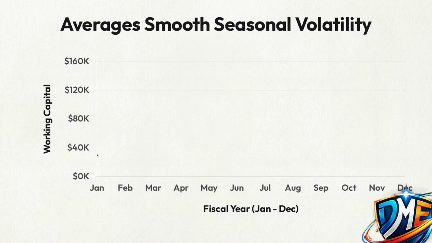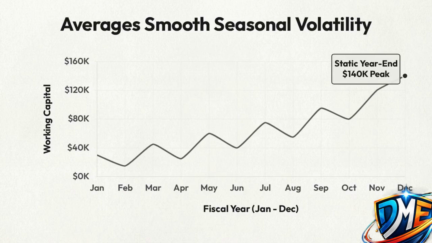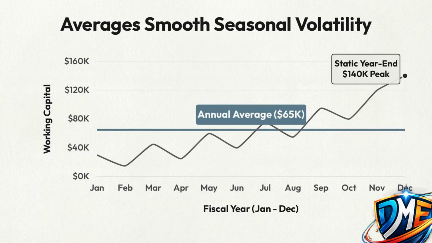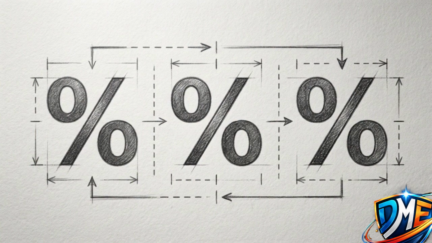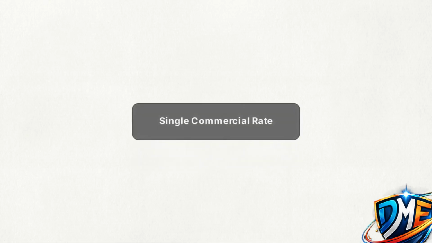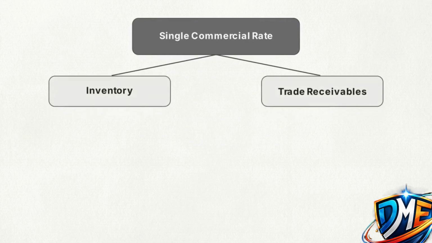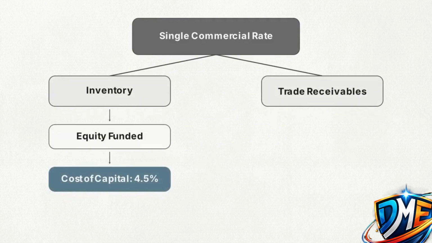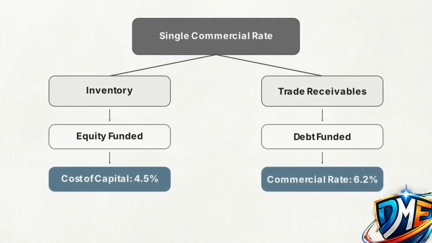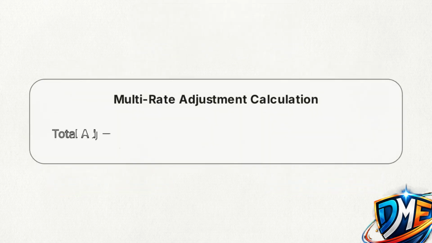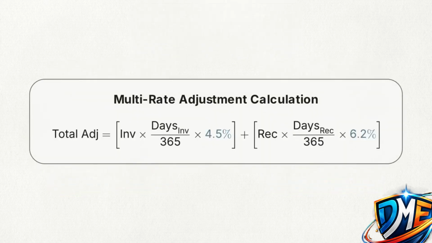In these volatile cases, an accurate calculation requires using averages taken across the entire financial year, rather than static year-end numbers. The guidelines also challenge the assumption of utilizing a single uniform interest rate across all asset classes. While applying a single rate is a common simplification, differing asset risks, such as inventory funded by equity versus receivables funded by debt, can demand a significantly more complex multi-rate calculation.